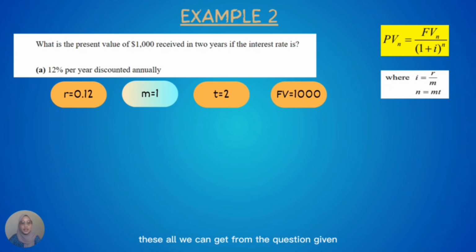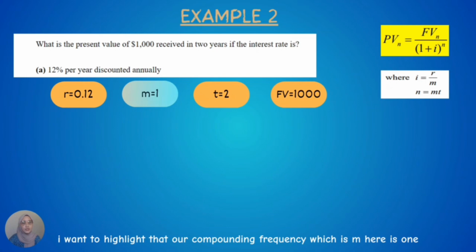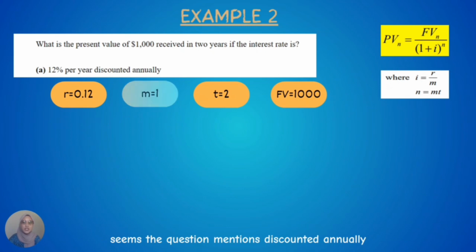This is all we can get from the question. Our compounding frequency m is 1, since the question mentions discounted annually.